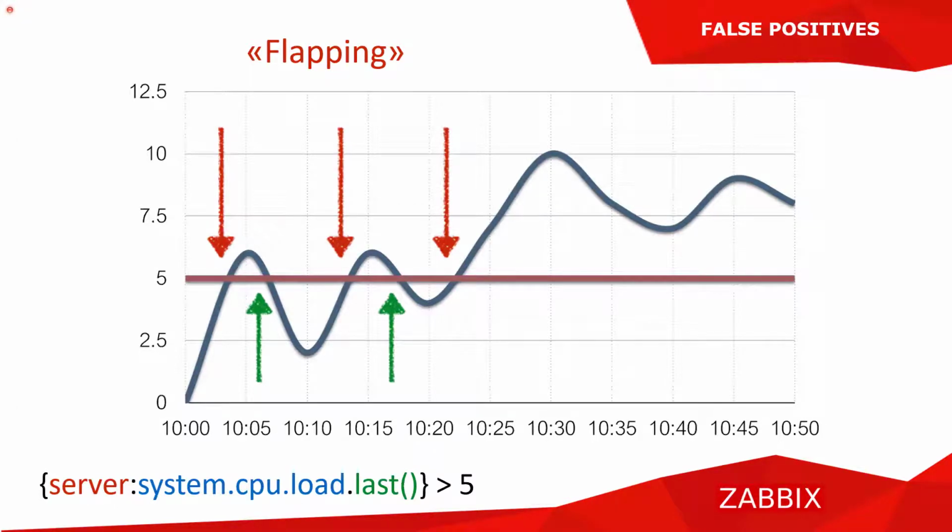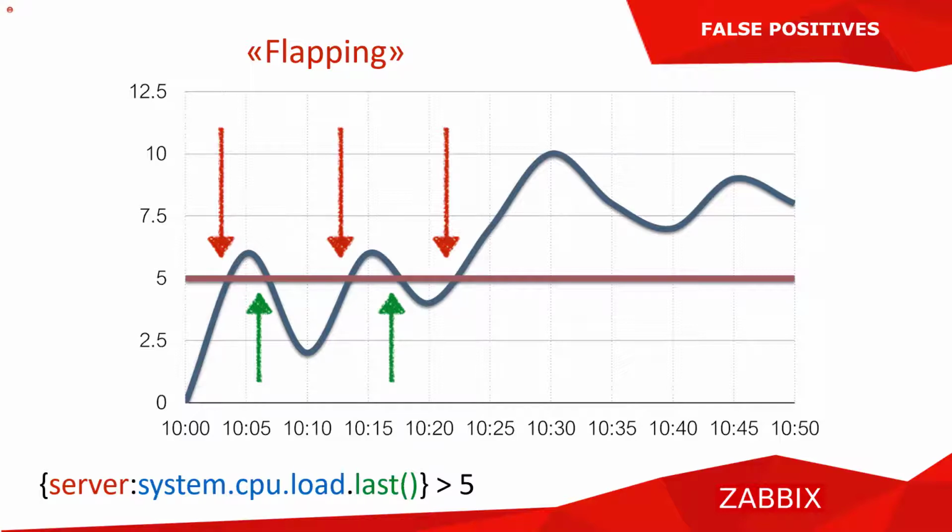What is flopping? In Zabbix terms, flopping stands for a trigger firing, then extremely fast being resolved, and then again firing, and then again getting resolved. Why? Because you use the last function, and the last function checks the last value, and the value can hop around. Let's say with CPU load, it can be at one moment above 90% and the next moment below 50%, and we can understand that that's not a real problem.